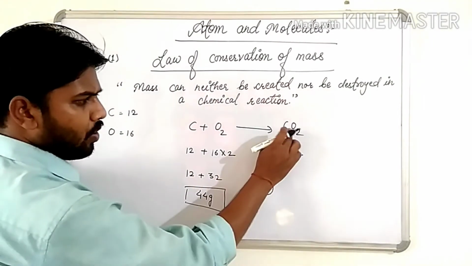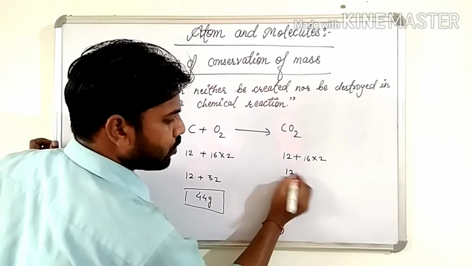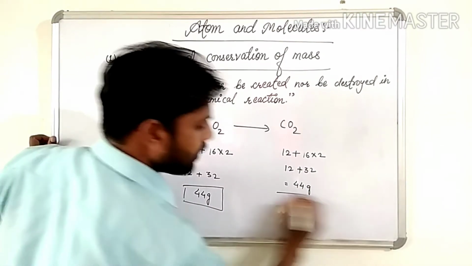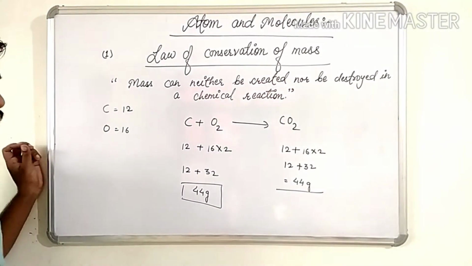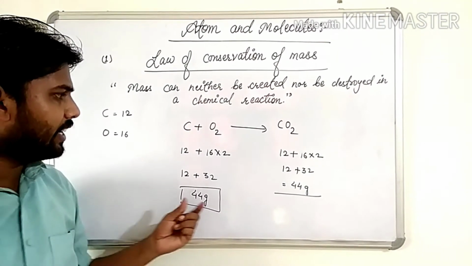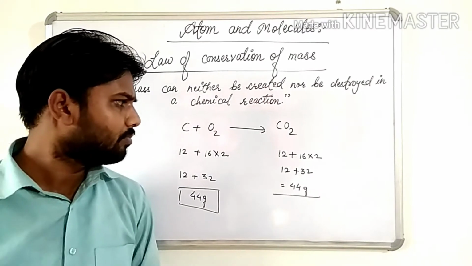Oxygen is 16 into 2, which is 32, so 12 plus 32 is equal to 44 gram. Now it is clear children that the total mass of reactants is equal to the total mass of product.